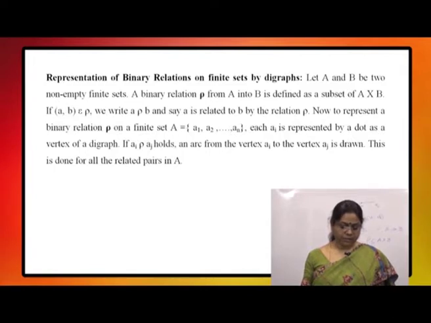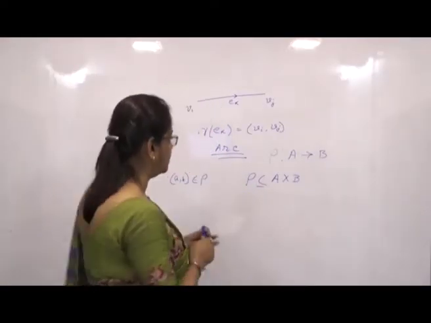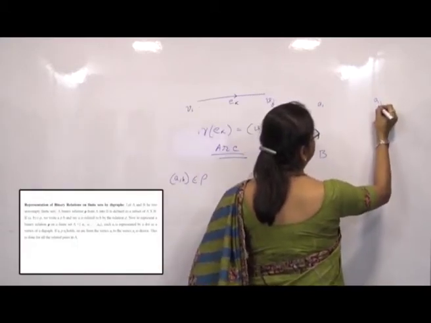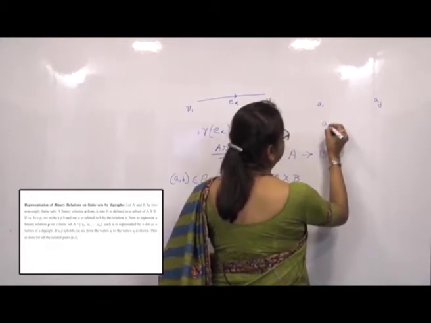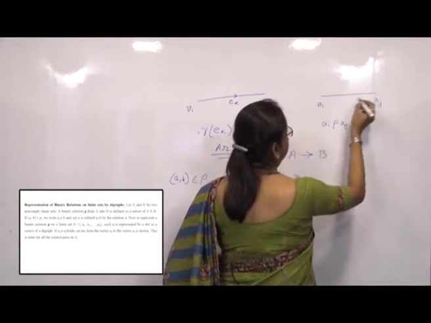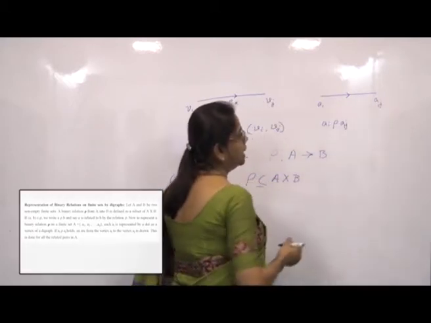Now to represent a binary relation rho on a finite set A, say A1, A2 to AN, by a graph, each AI is represented by a dot as a vertex of a digraph, and if AI rho AJ holds, say this is AI and this is AJ, then we draw an edge which goes from AI to AJ.